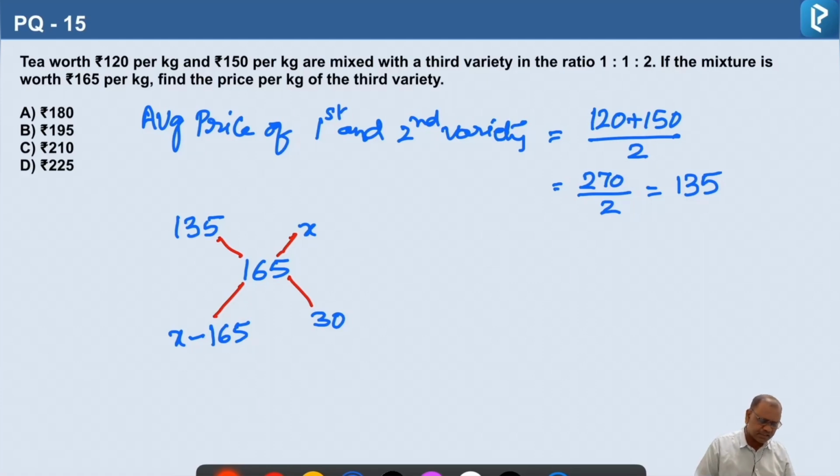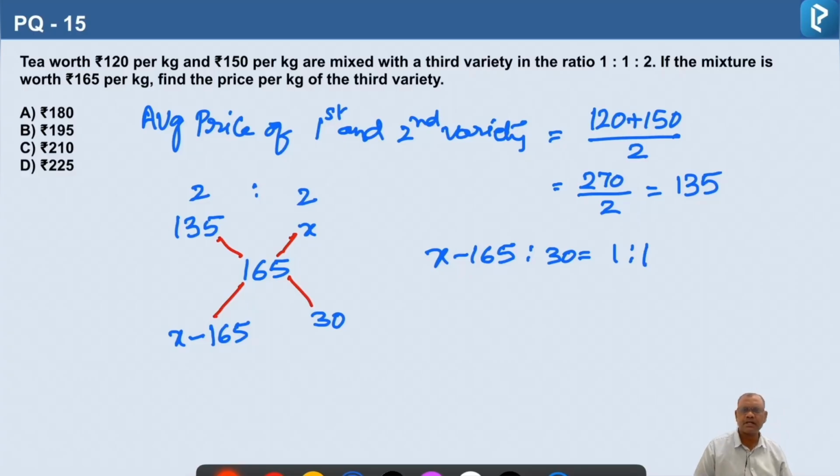These two are mixed in the ratio of 2 parts of the first and second, 2 parts of the third variety. That is a 2:2 ratio, which is nothing but 1:1. So X minus 165 is to 30 equals 1:1.